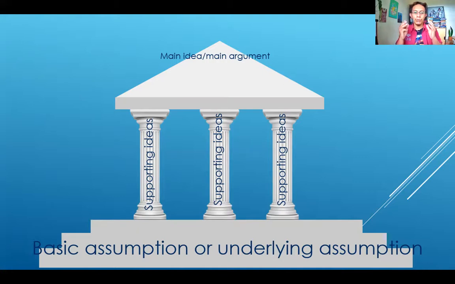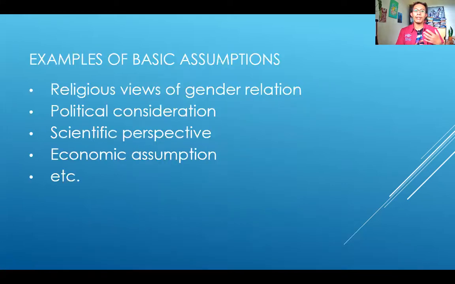And if you go closer and if you go deeper, you can find the supporting ideas of a text. But if you read thoroughly, you try to let it sink and think about it, you might also know the writer's basic assumptions or underlying assumptions. It is often not narrated in the text. Let me give you an example.